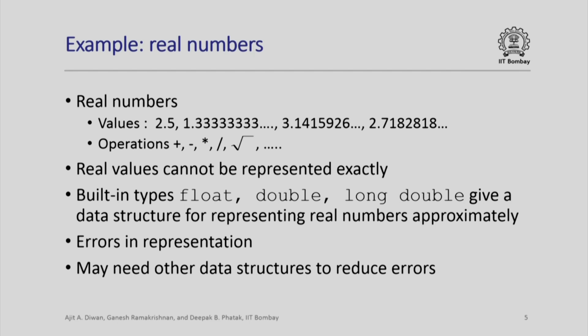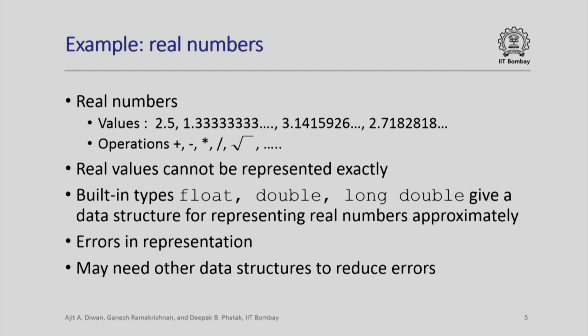And then we have built-in types available which represent real numbers approximately. So, reals is an abstract type which has this set of possible values and these operations. Float, double and so on are implementations of that type which impose some restrictions on what values can be represented. But when we work with real numbers, we would rather not worry about those restrictions.